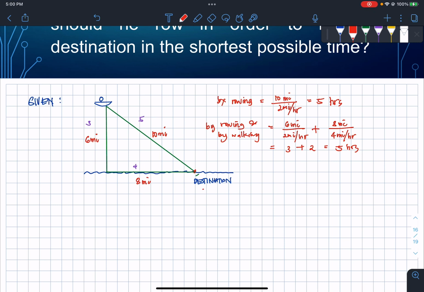Okay? So in what direction will the man row so that he can reach his destination in the shortest possible time?